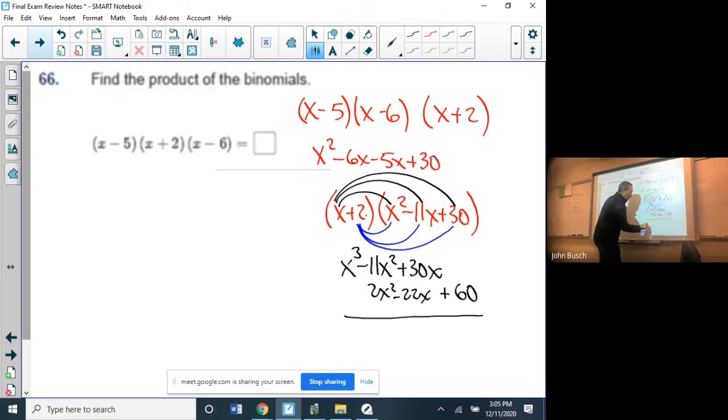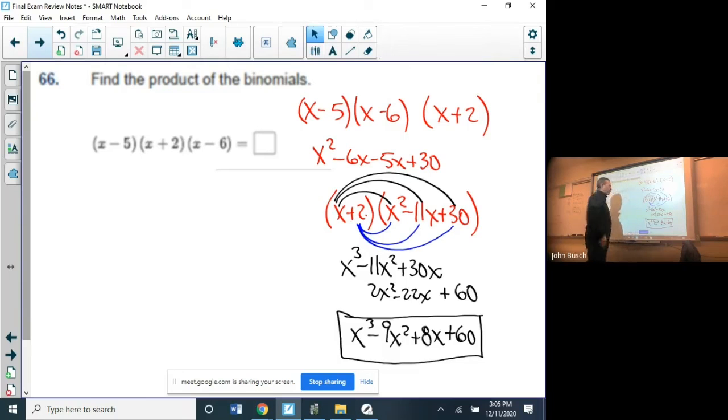Looks like we're done. x cubed minus 9x squared plus 8x plus 60. All right, there you go.